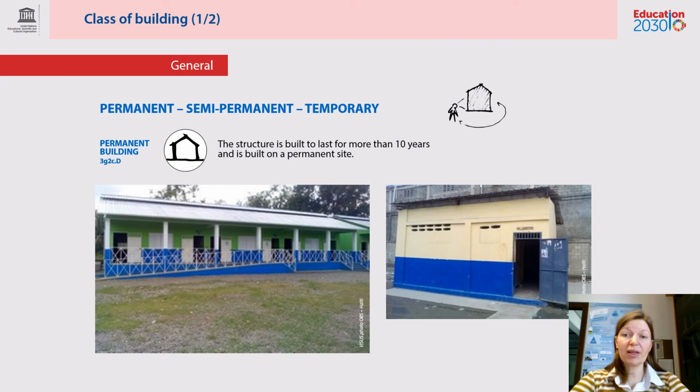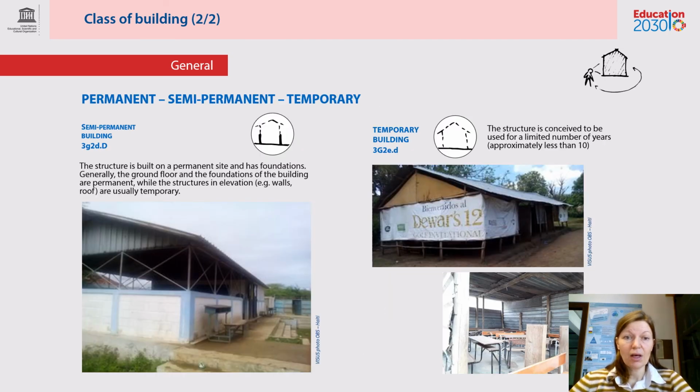Then buildings are separated considering if they are permanent, semi-permanent, or temporary. This division is useful for decision-making purposes because permanent buildings are defined as structures built in order to last for more than 10 years, and built on a permanent site, so built in order to stay where they are.